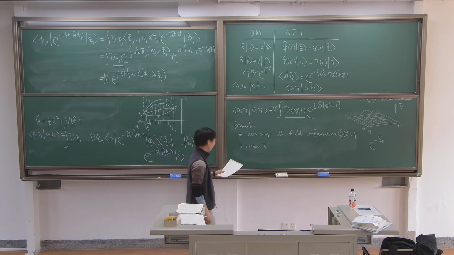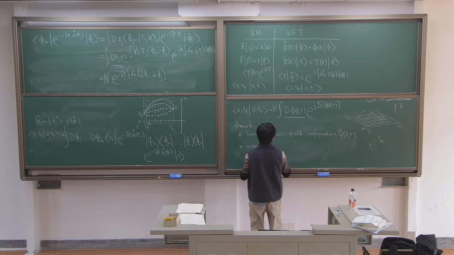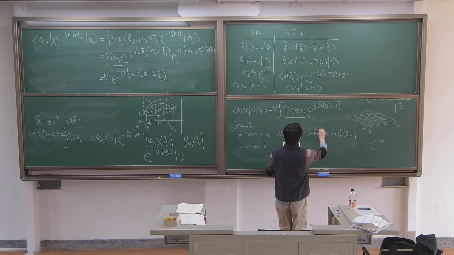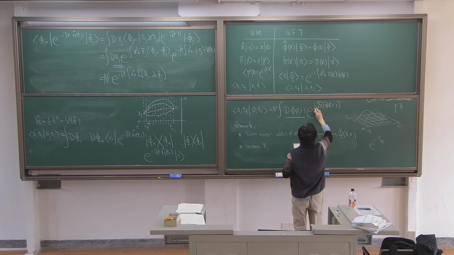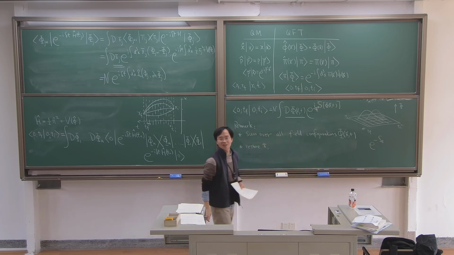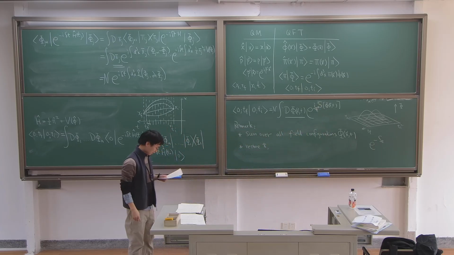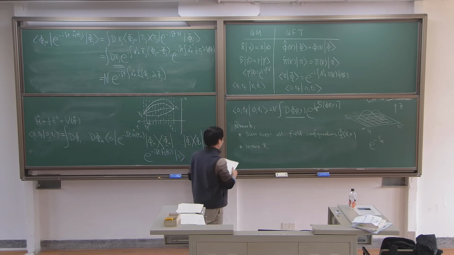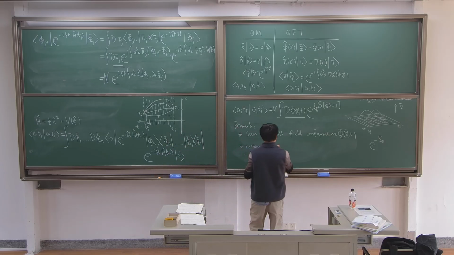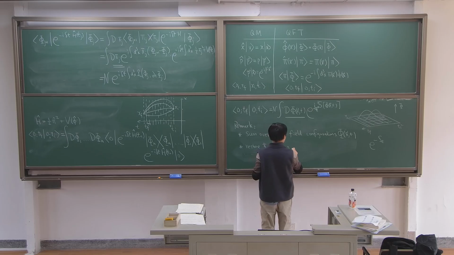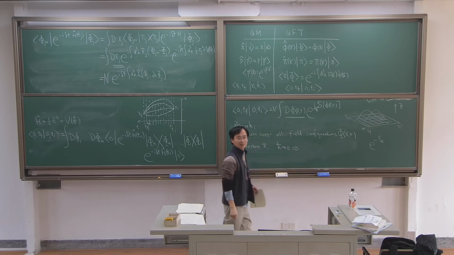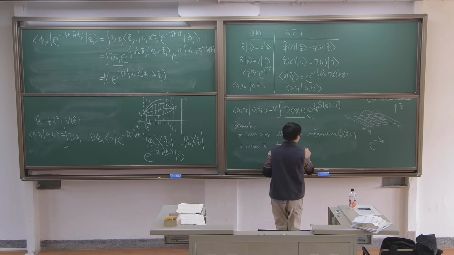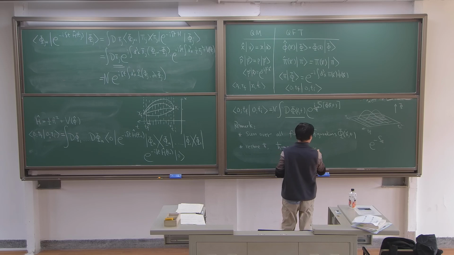If you recover h bar, then this formula becomes iS over h bar. You recover h bar, and h bar should appear here. Then if you take h bar goes to zero limit, this will be the classical limit.